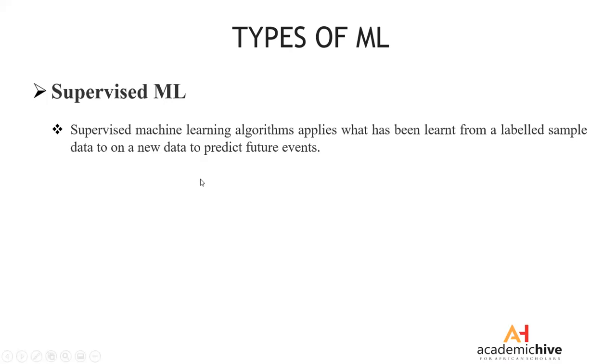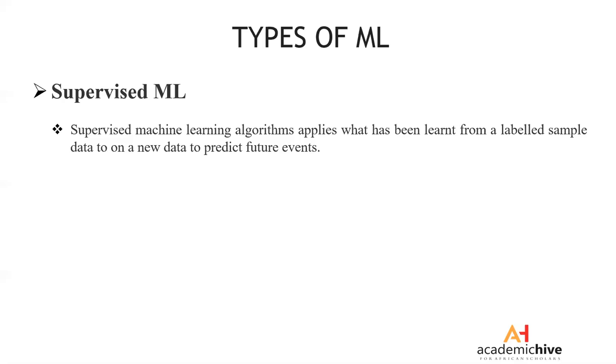So, types of machine learning. In this course, we also quickly introduce you to supervised machine learning. Machine learning techniques are basically subdivided into three: supervised machine learning, unsupervised machine learning, and semi-supervised machine learning.